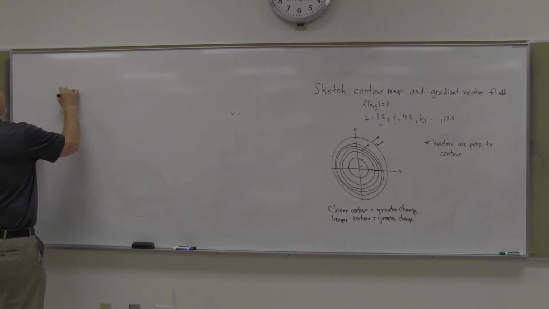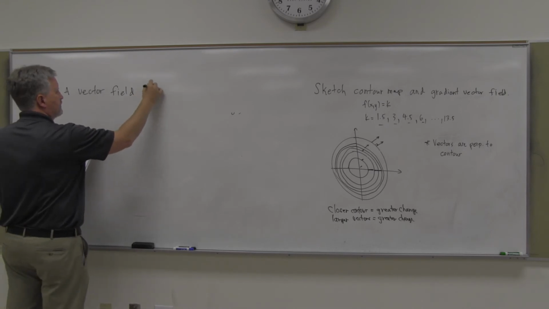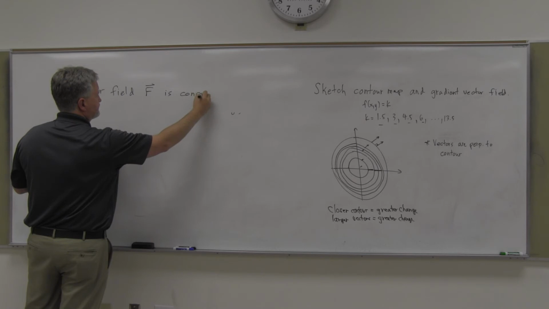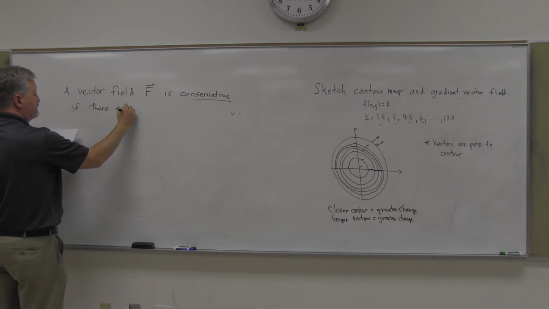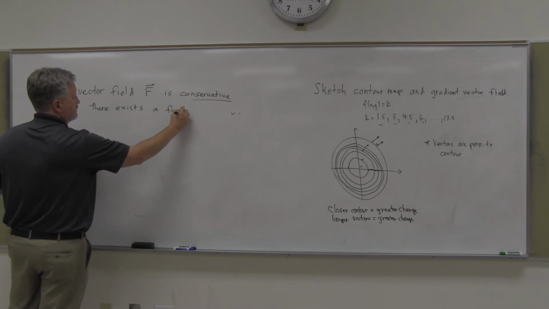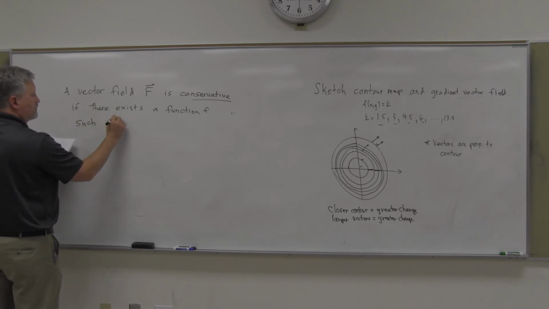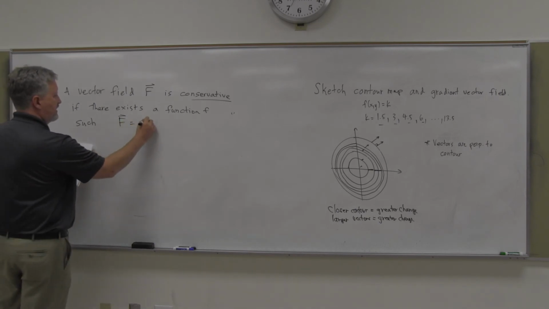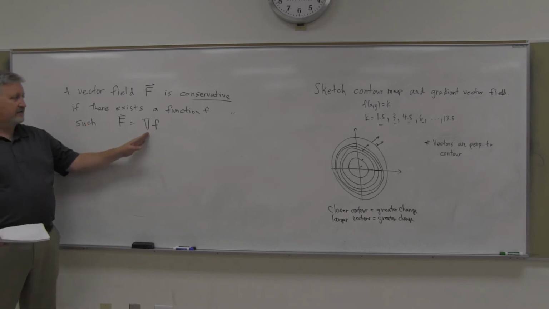A vector field F is conservative if there exists a function, little f, such that our big F vector field equals the gradient of f. So we talked about the gradient vector field, but if we've got a vector field and it turns out it is the gradient vector of some function, it's called conservative.